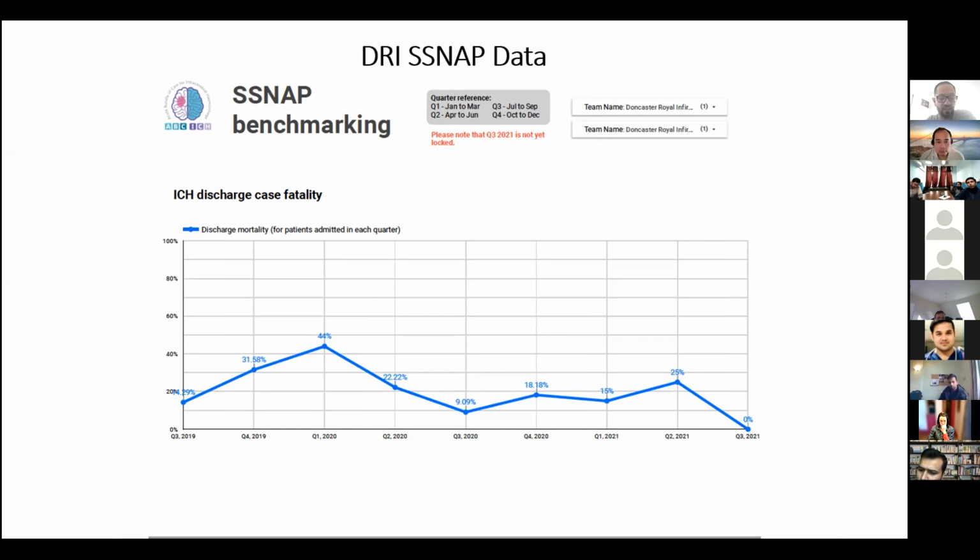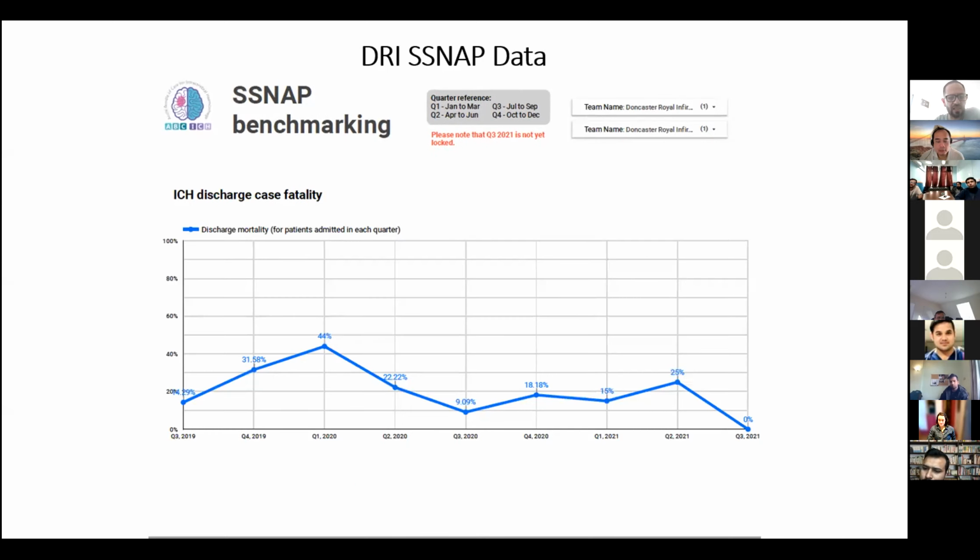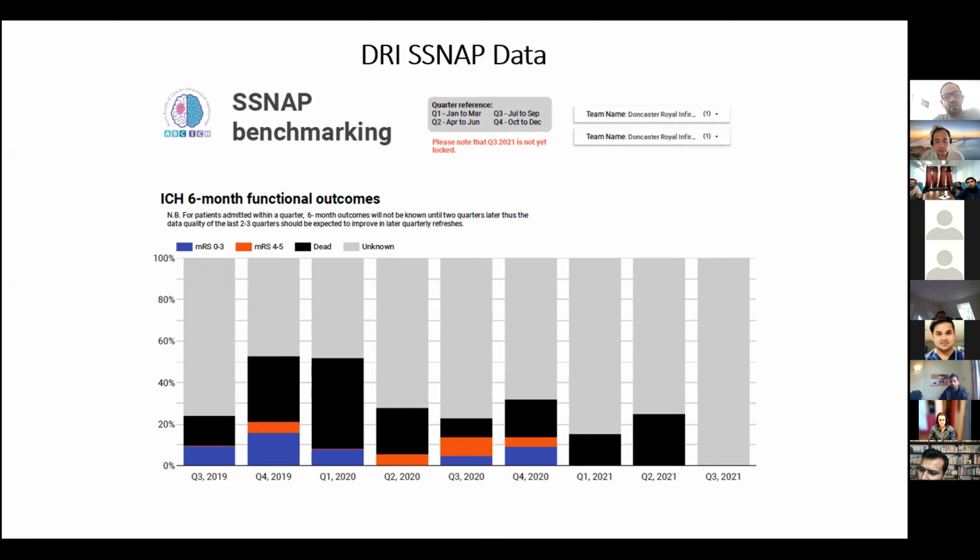Again, the mortality varies from 30%, 20%, up to 44% in some quarters, which is quite significant. But that's the discharge mortality. Then you get the 6 months functional outcomes, and the black one is dead at 6 months. You can see that could be up to 50%.